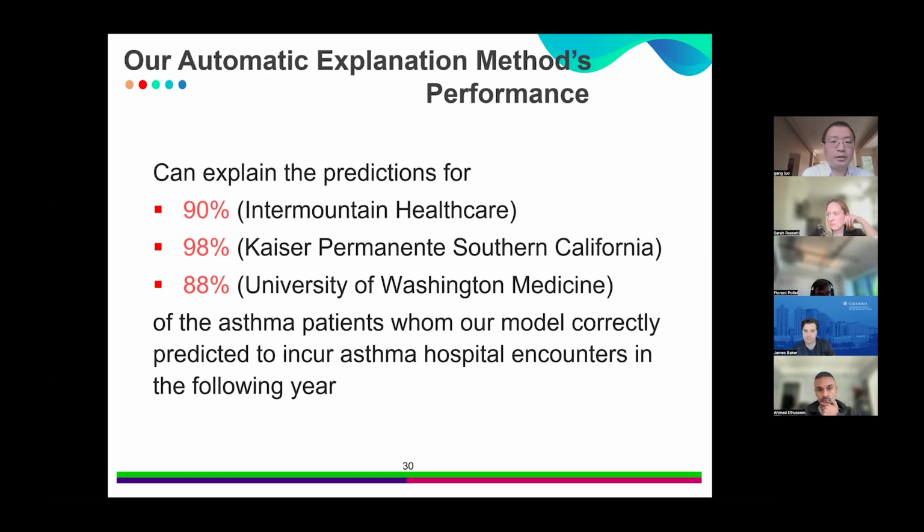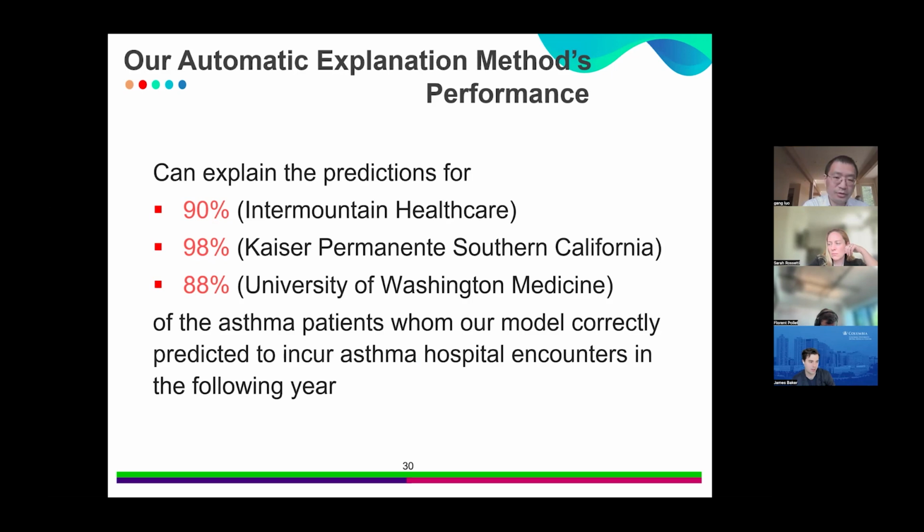And then about automatic explanation, we cannot automatically explain the prediction result for every patient that is predicted to have bad outcome next year. This is because association rules by design can only cover common patterns. That means we can only find the common reasons or combinations of common reasons that are linked to bad outcome next year.